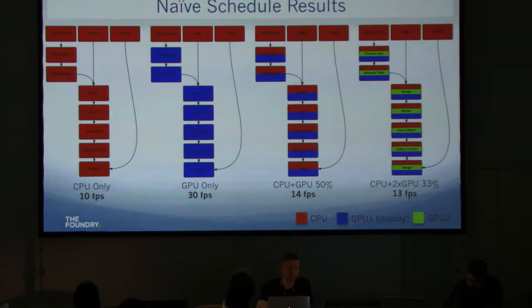Which is great. So if we thought to ourselves, well, let's just split each of the images up into a half or roughly a half and send half of it to the GPU and half of it to the CPU, well, what happens? As you can see from the third graph from the left, it's not very good. And the reason it's not very good, well, there's a couple of reasons. The first reason is that a lot of time is spent transferring data to and fro in order to do the effects.